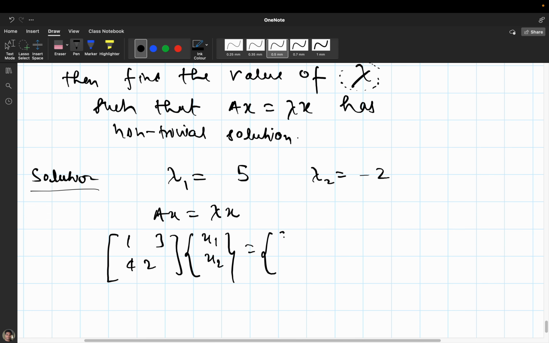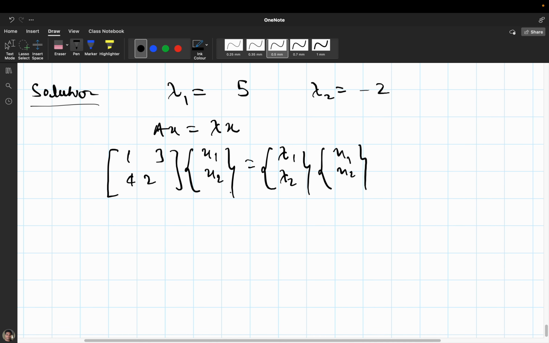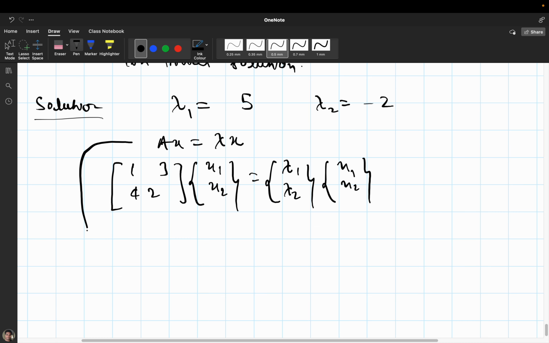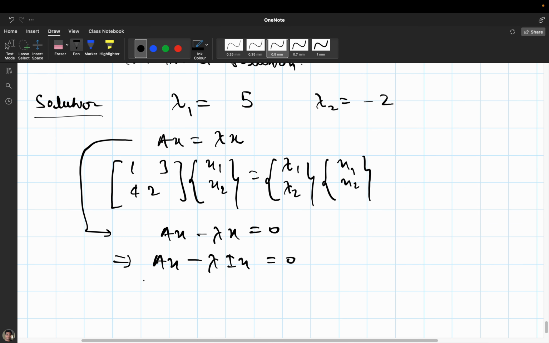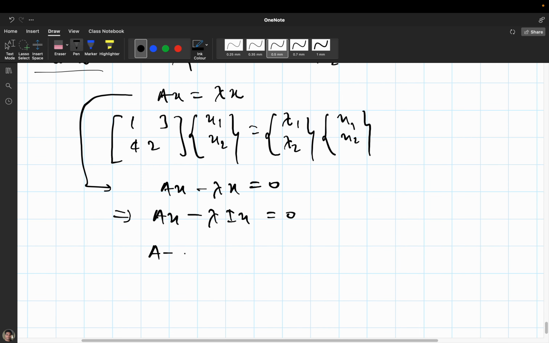Or you can do one thing, just move it from here to here. So Ax minus lambda I x, where I can write x as Ix. So A minus lambda I times x equal to 0.